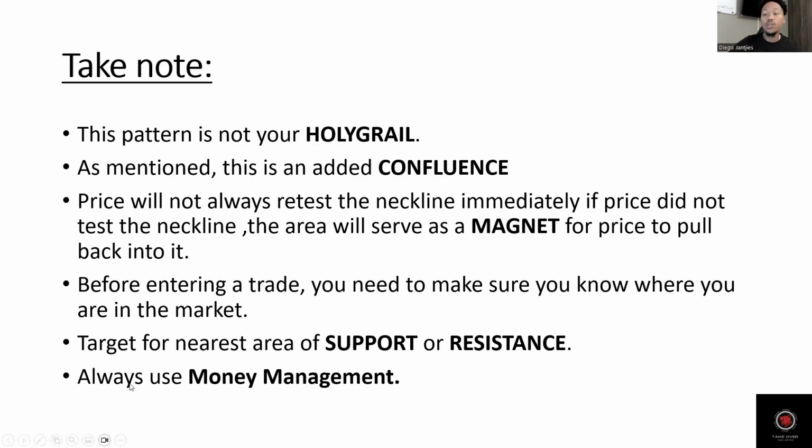And most importantly, always use money management. If your stop loss gets hit, you are not going to cry about it, because you need to know that there's no such thing as a 100% win rate. Trading is all about probability, and you need to calculate your trade.